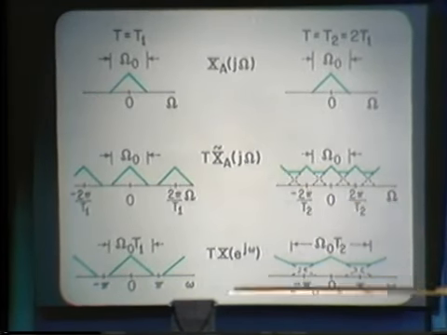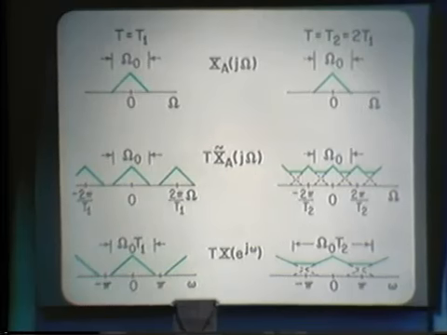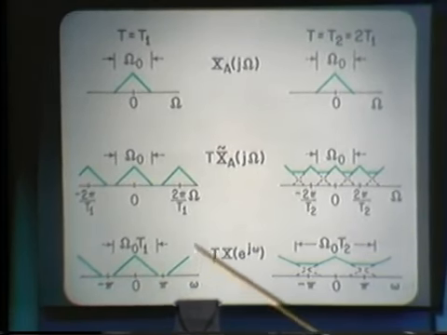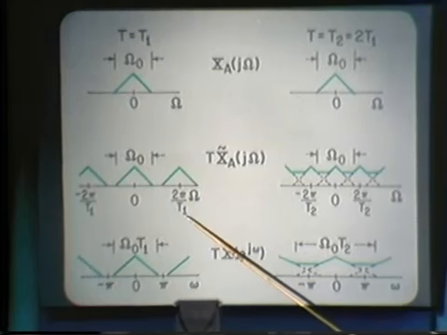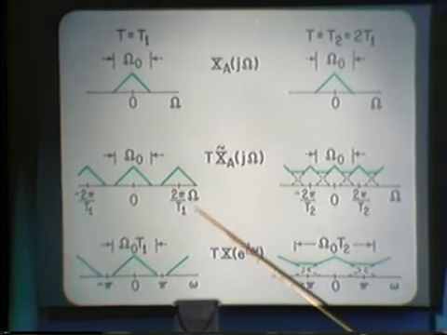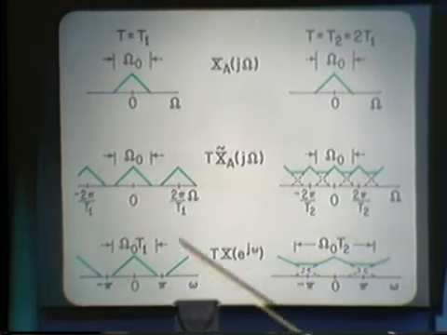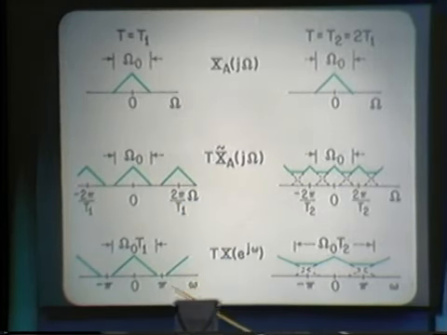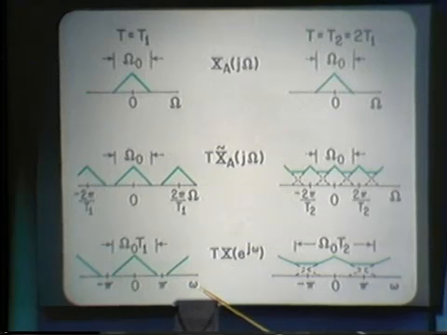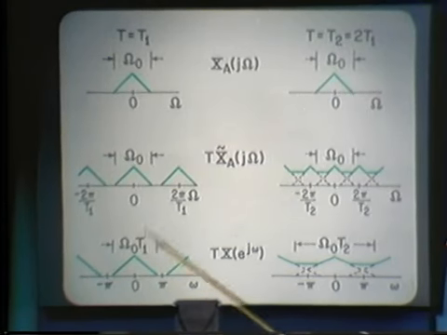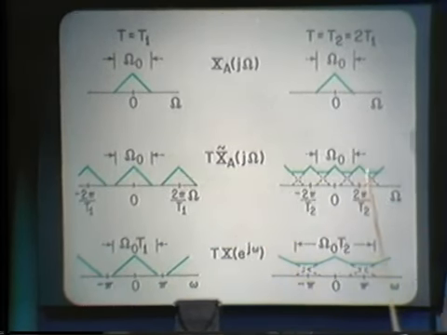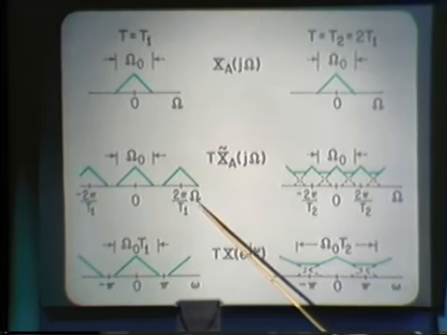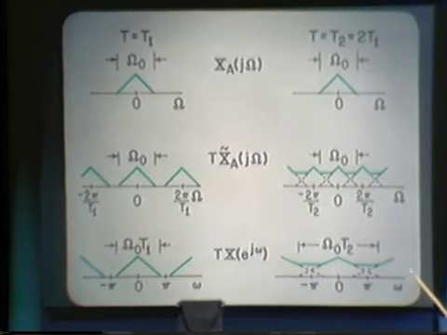So where capital omega is equal to 2 pi over capital T, little omega is equal to 2 pi. So this point, which was at pi over capital T, ends up on the little omega axis at pi. So this picture just simply gets scaled according to the relationship that capital omega times capital T is equal to little omega.